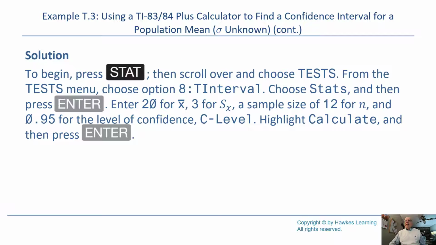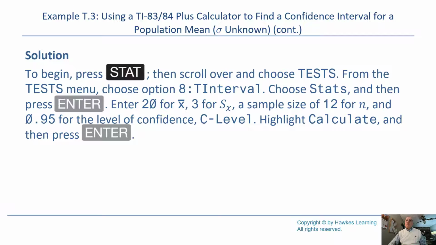Go to stat again, we're back to tests. Number 8 for T interval, because you're using the sample standard deviation. Choose the stats. Don't accidentally have the data highlighted. You'll get a strange looking menu if you do.